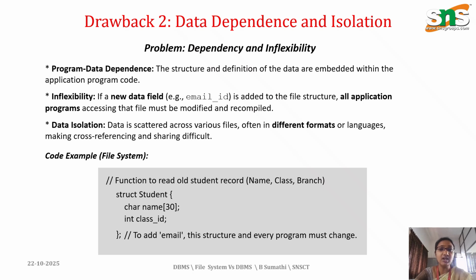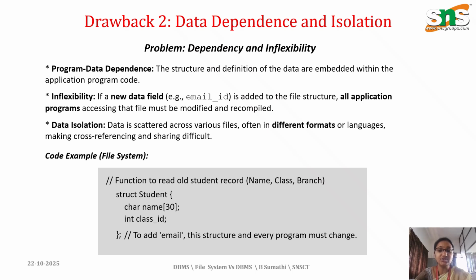The next one is program data dependency and inflexibility of programs. The structure and definition of the data are embedded within the application programming code. If a new data field is added to a file structure, all application programs accessing that file must be modified and recompiled.